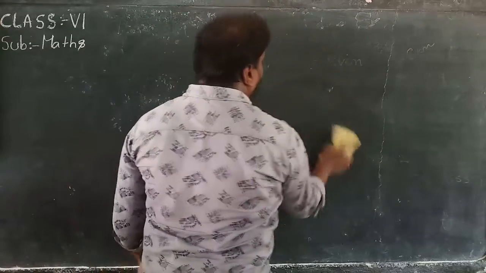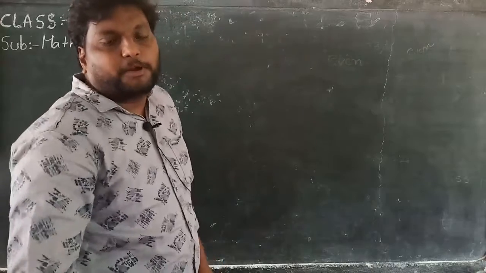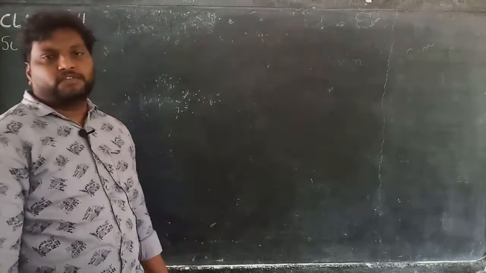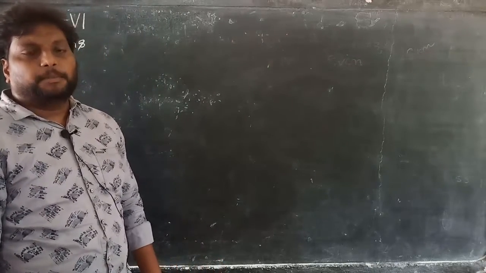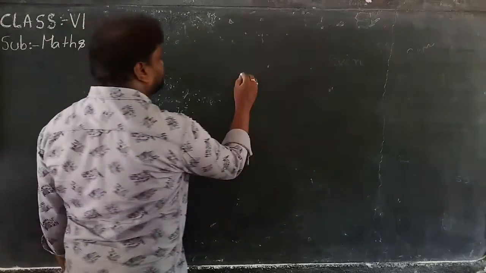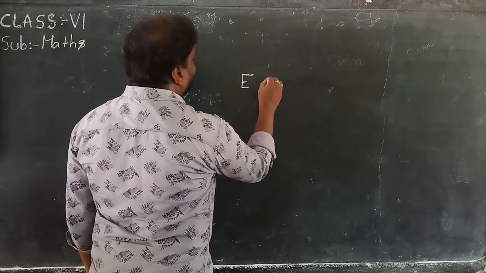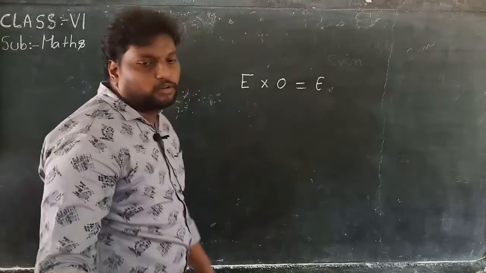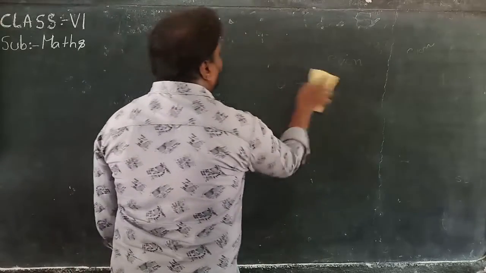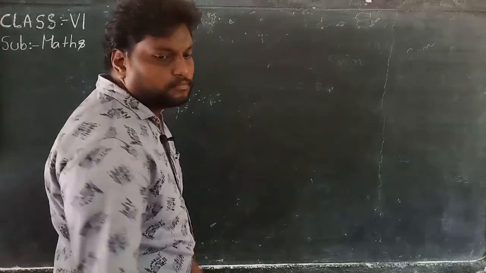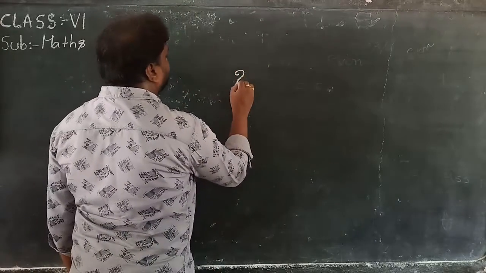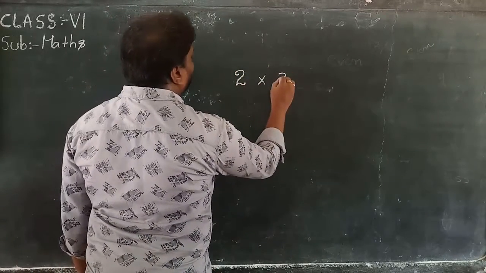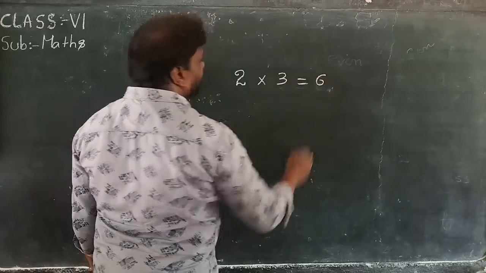Like that, in products also we have to consider: the product of one even number and one odd number will give an even number only. The product of even number into odd number will give an even number.